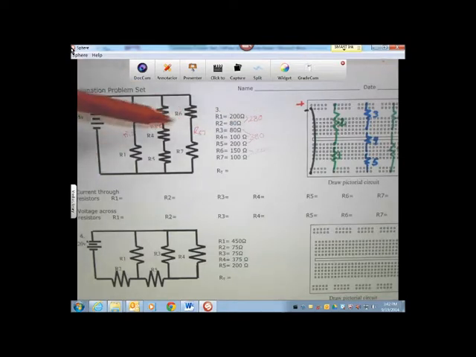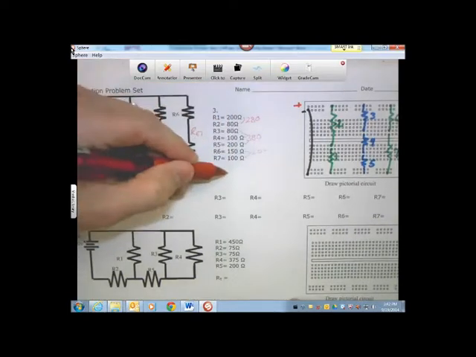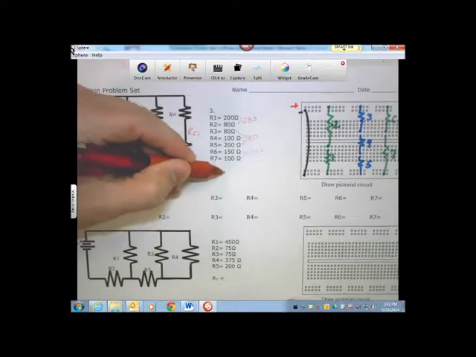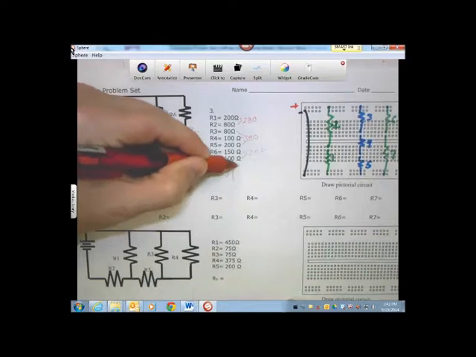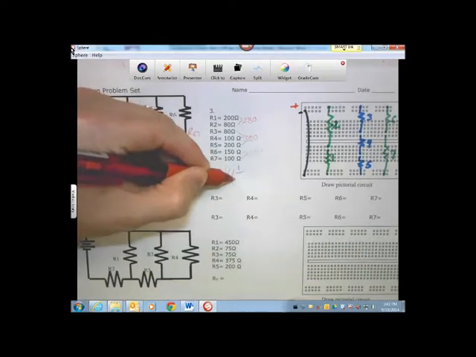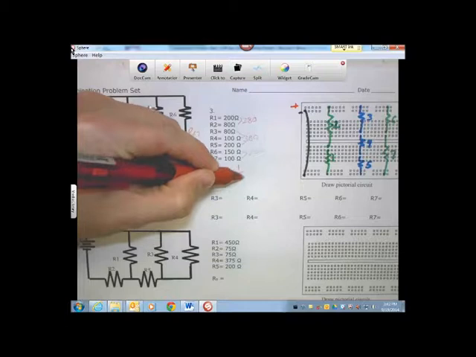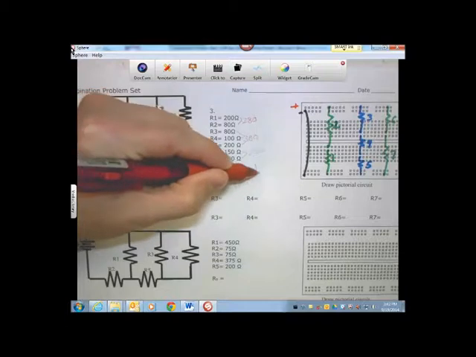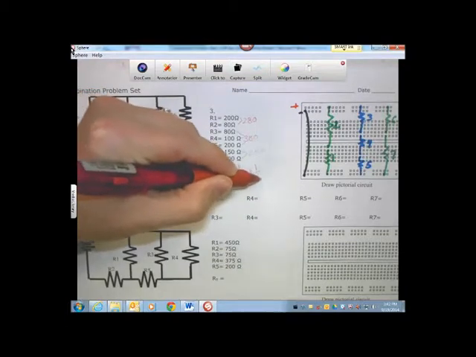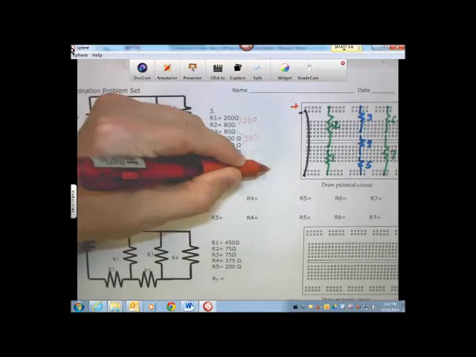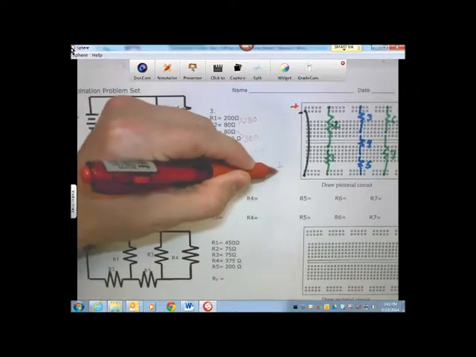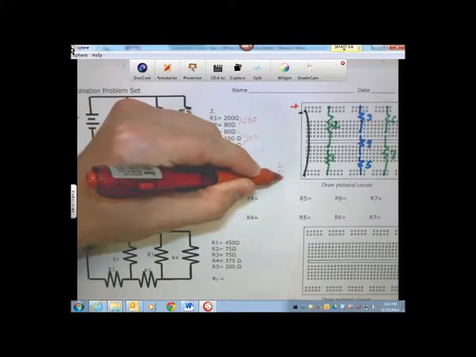So now that I've got resistor 1, 2, resistor 3, 4, 5, and resistor 6, 7, I can solve for total RT. So we get 1 over R12 plus 1 over R3, 4, 5 plus 1 over R6, 7.